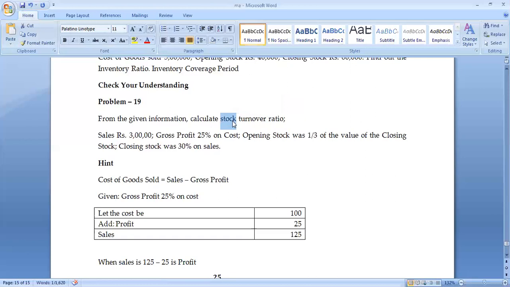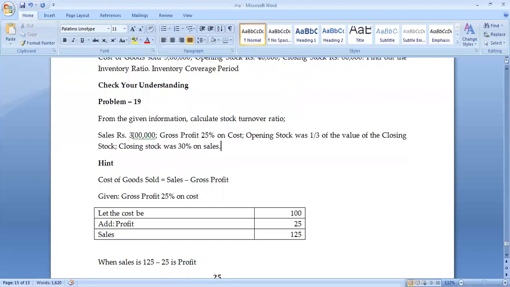Okay. So here, this is a kind of tricky question. See here, sales is given as 3 lakhs. Gross profit is 25% on cost. We know only the sales.